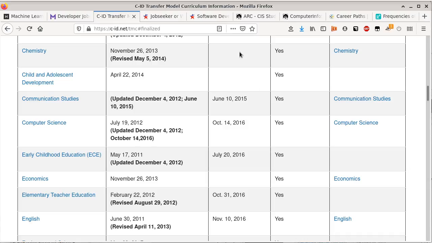Unfortunately, because of unit count issues that I cannot resolve yet, we do not have an AST at this point, so we still have to rely on assist.org to help students understand that if you take this class at ARC, it is considered equivalent to that class over at, let's say, UC Davis, and so on.